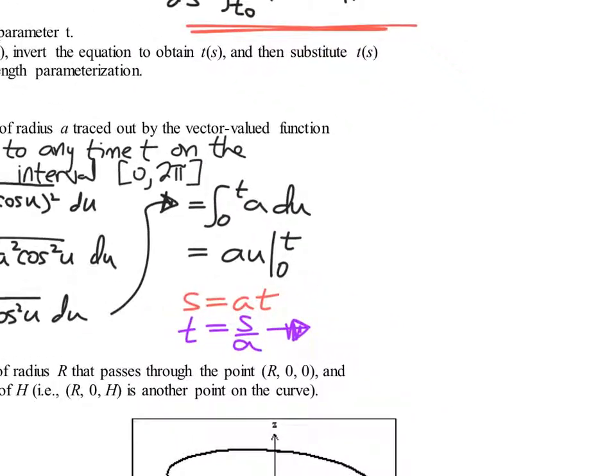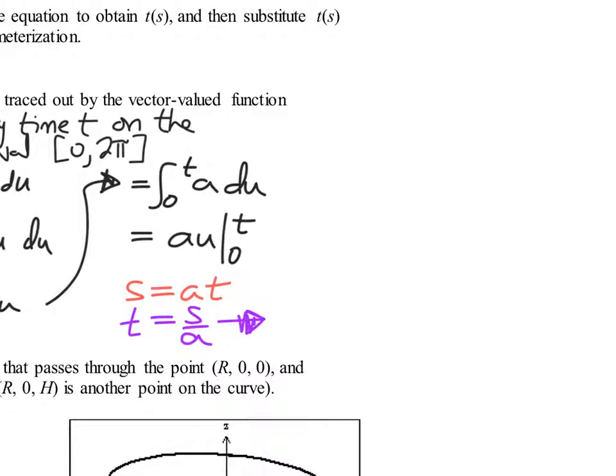how is it written? R of t. It was r of t. I'll rewrite it here and I'll just show it underneath. It was equal to originally, a cosine t, a sine t.